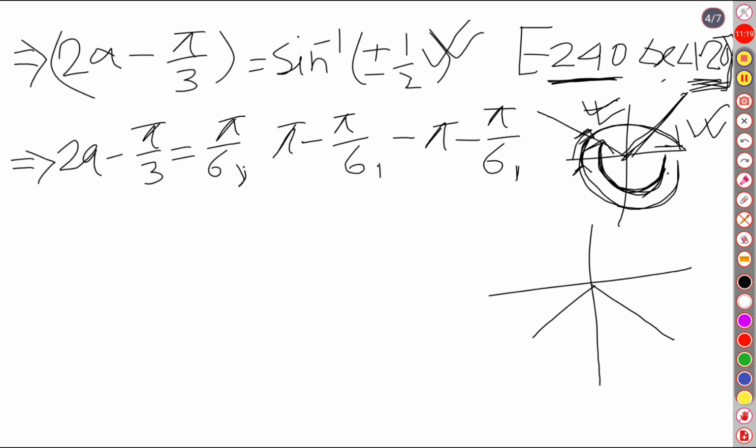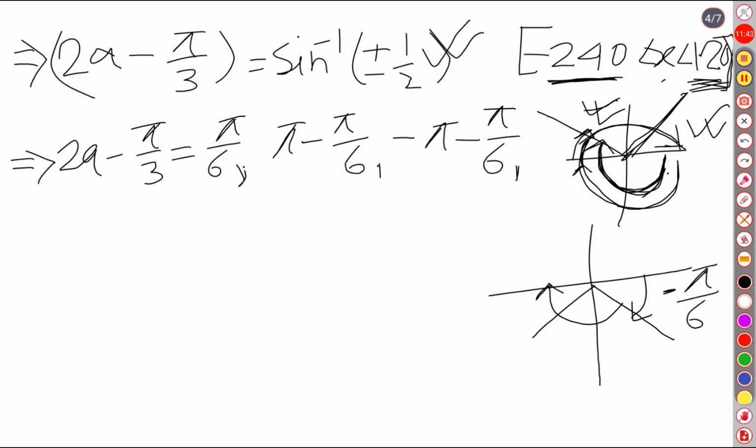But what about clockwise direction? Clockwise direction is for a negative, this one, as well as this one, angle will start from here to there. Okay, so this one is negative, negative pi over, we have already decided it's 6.